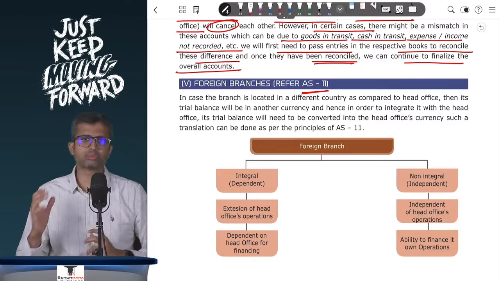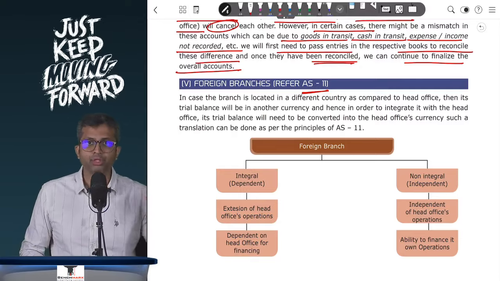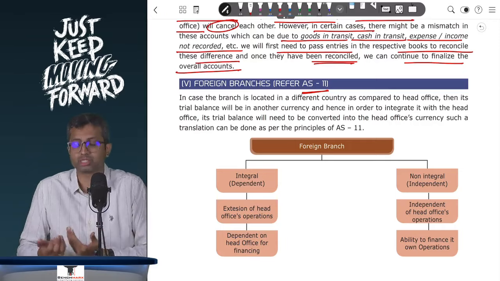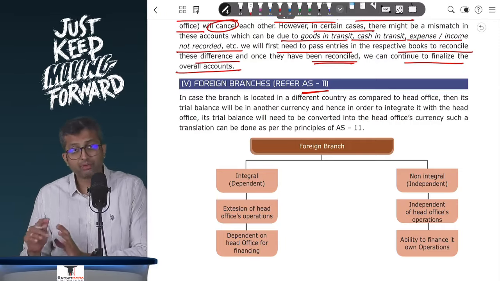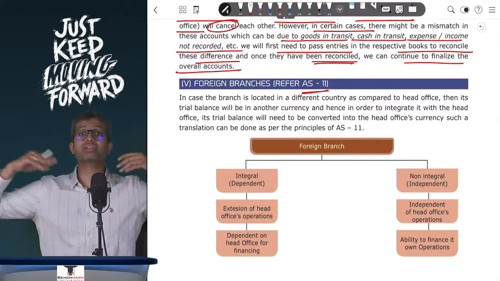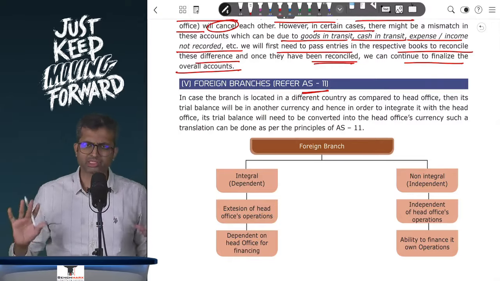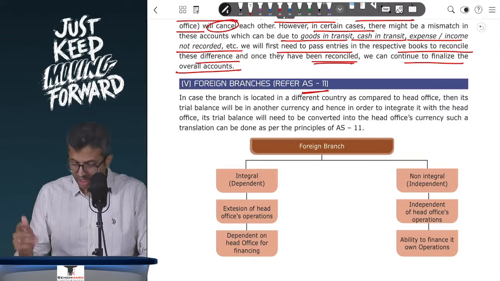Now the translation principles for both of them were different. If it's an integral branch, it is treated as an extension of the entity. Whereas a non-integral branch would be treated as a completely different entity, and as a result the translation principles were slightly different. So before we proceed, let us review this once.